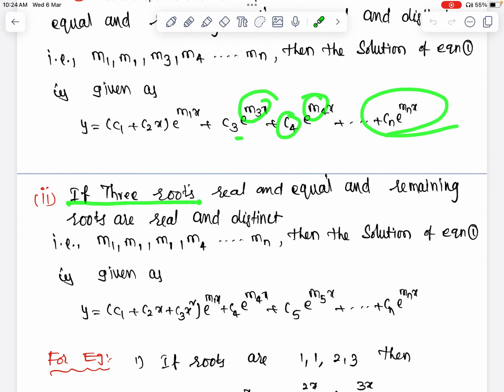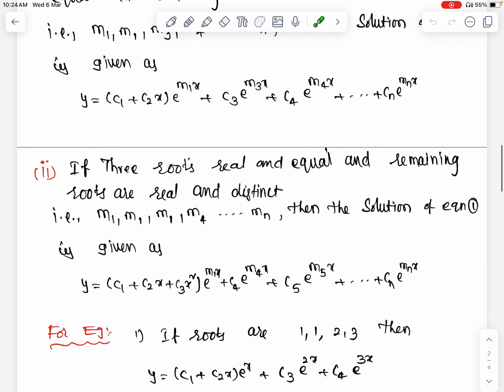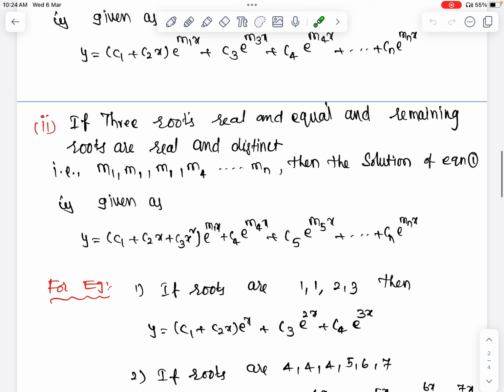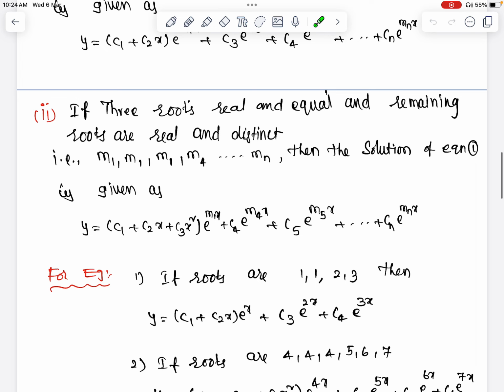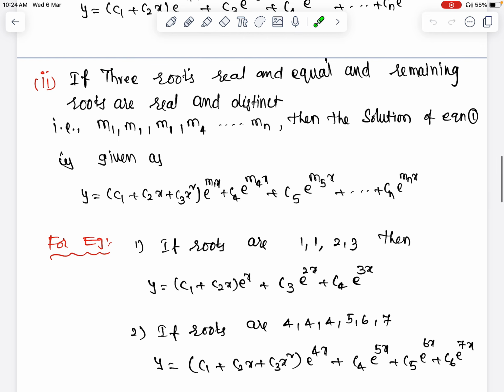Next, if three roots are real and equal, then instead of (C1 + C2 x) e^(m1 x), we have (C1 + C2 x + C3 x^2) e^(m1 x). The remaining are all real and distinct, so then C4 e^(m4 x), C5 e^(m5 x), up to Cn e^(mn x).